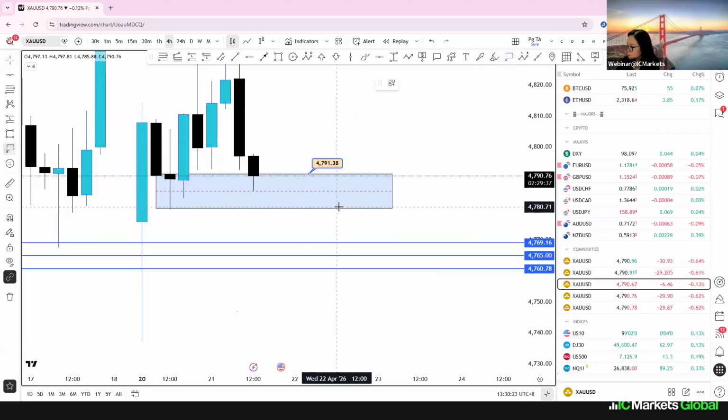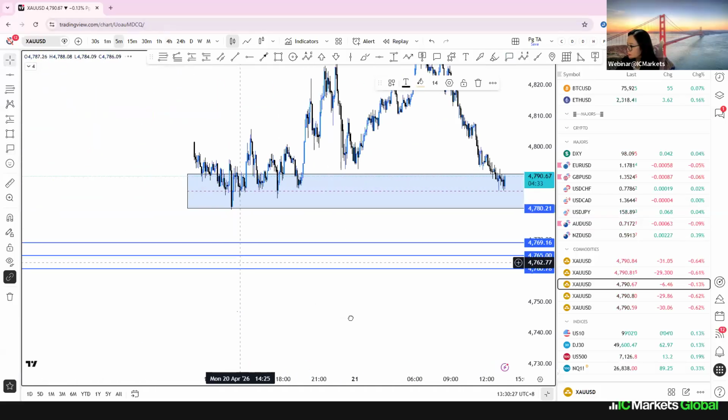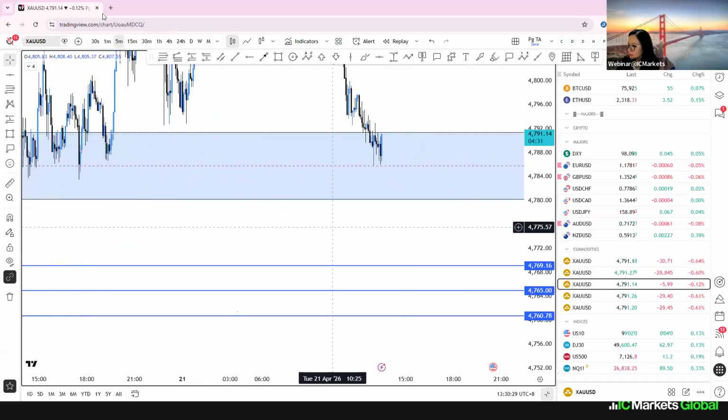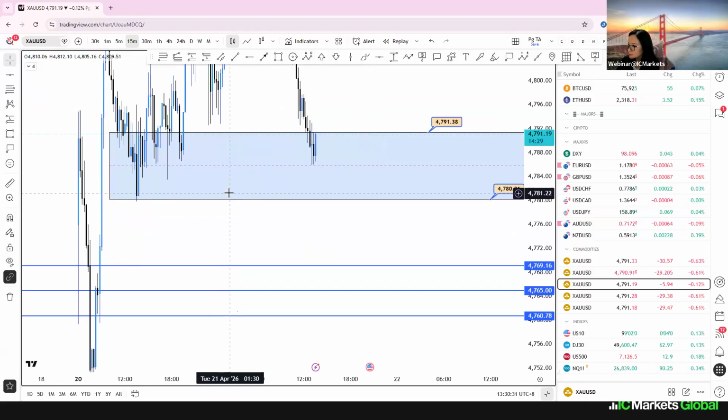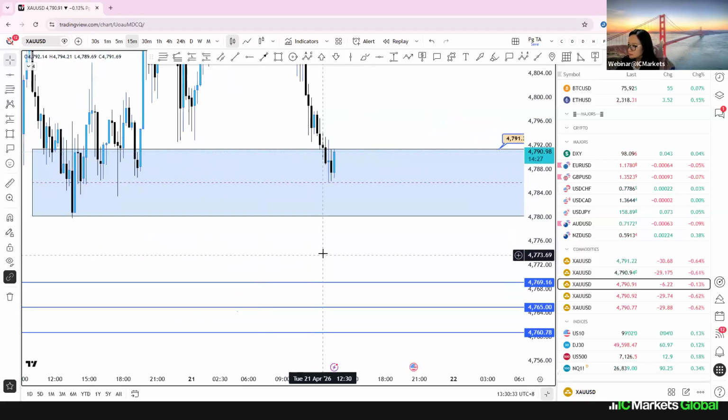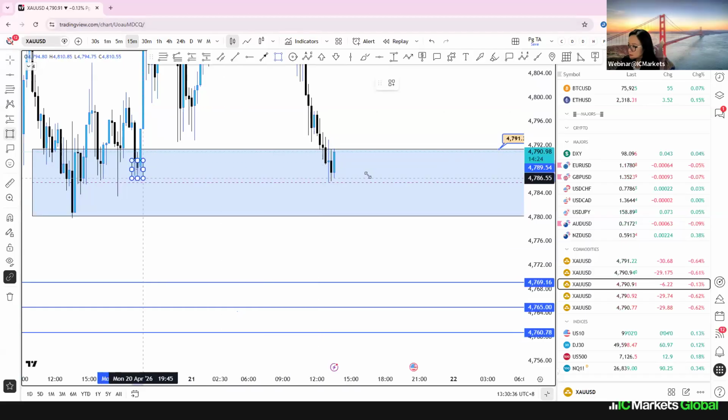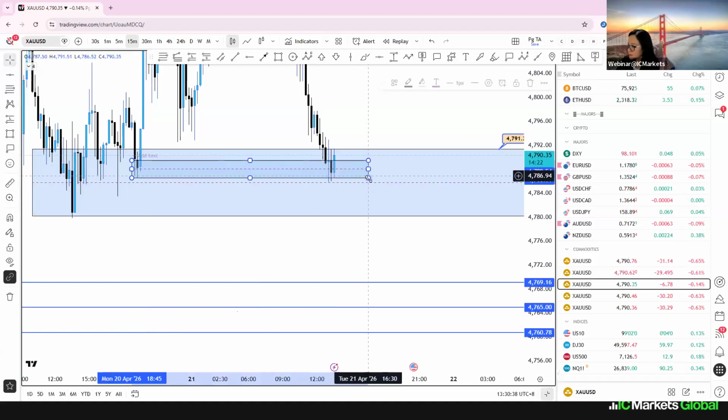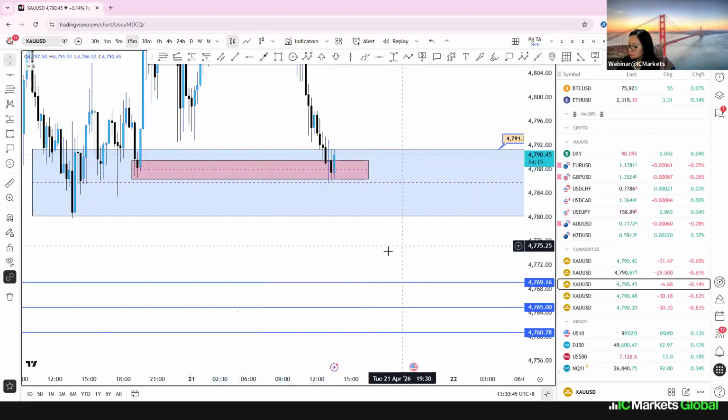Now I want to see the confirmation. Can I buy here? I zoom to the M5, M15. For the M15, within my OB, I have another entry here. I have another narrower zone. So this is my buy zone, so I buy here.